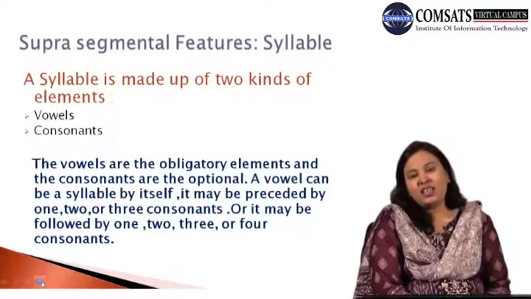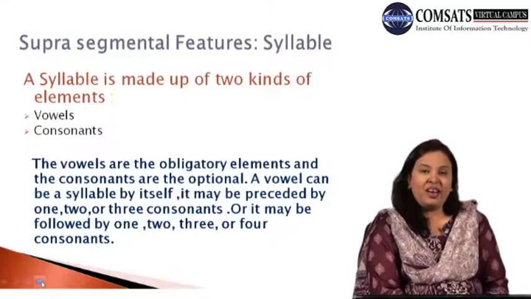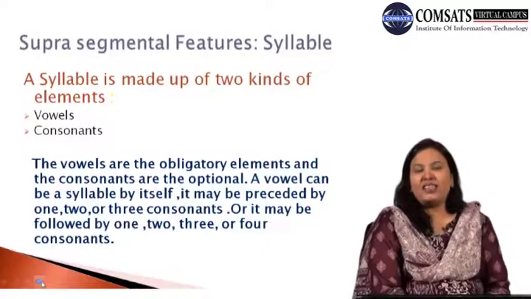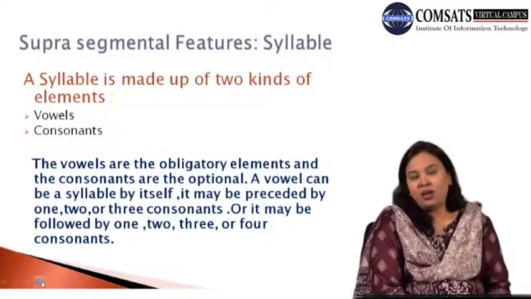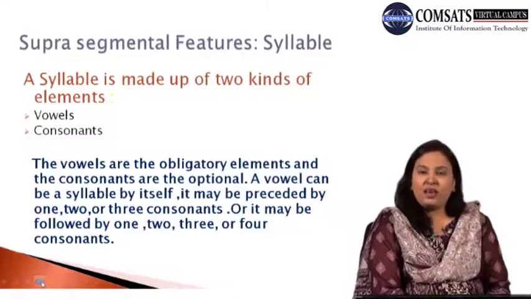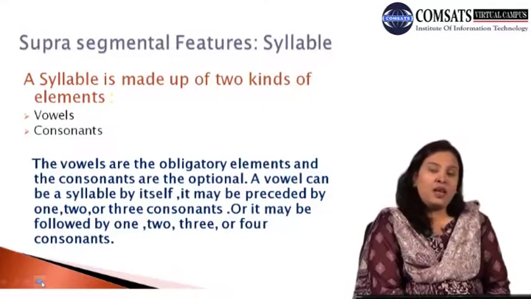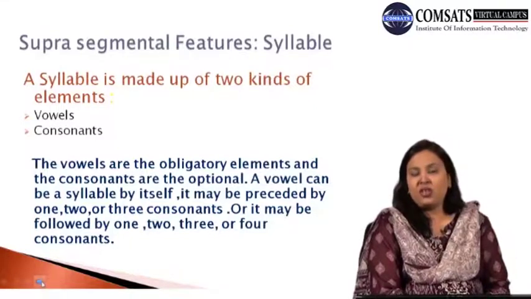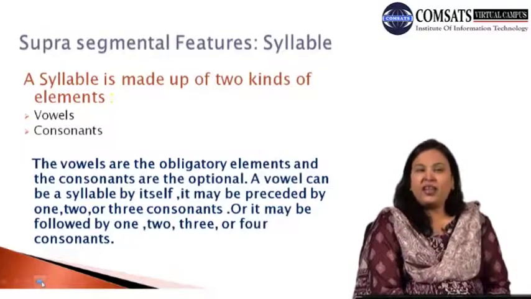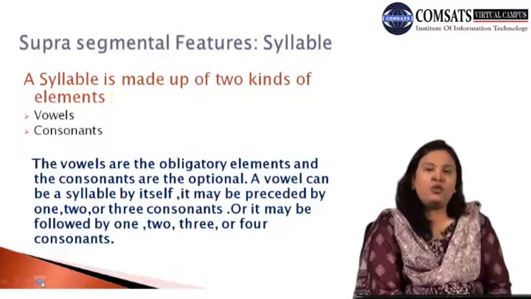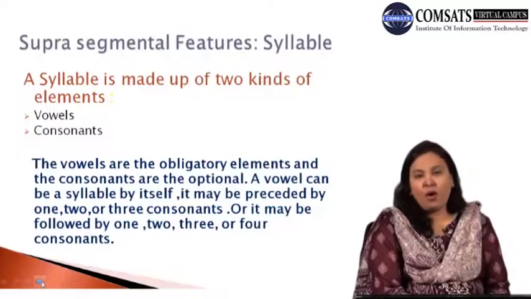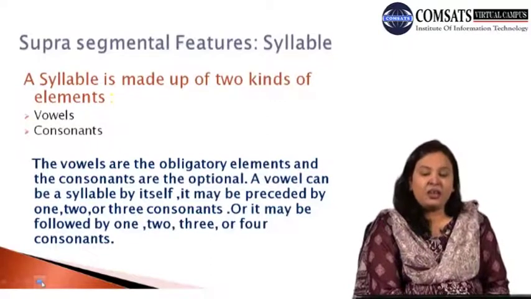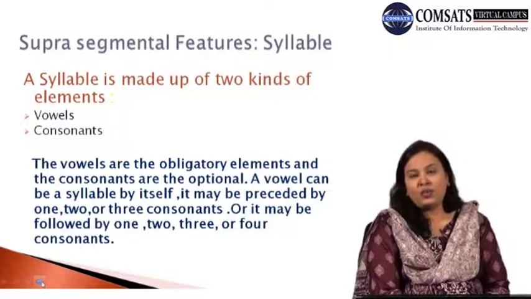What is a syllable composed of? Definitely vowels and consonants. In the English language, a syllable has both vowels and consonants. And these vowels and consonants exist at different positions within a syllable, and then they categorize the syllables into different types. The vowels are the obligatory elements and the consonants are the optional.